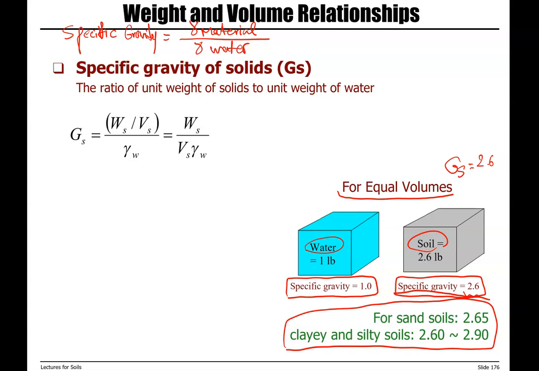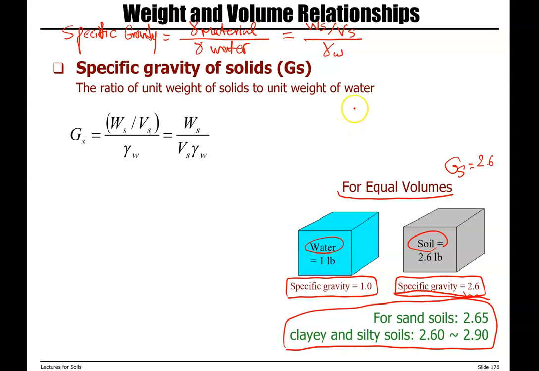So the specific gravity of solids is unit weight of solids, which is Ws divided by volume of S, divided by unit weight of water. Gamma W is unit weight of water. Again, this is something that you need to remember.